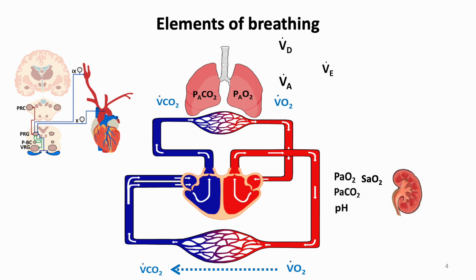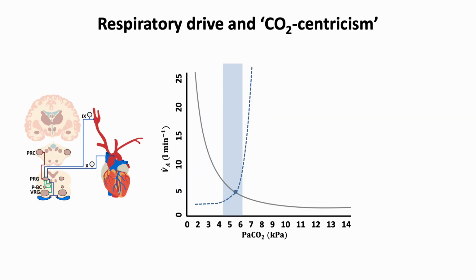Now, what I'm referring to here is what we call CO2 centrism. So, the point of view that carbon dioxide is central to respiratory function as a whole. And I'll be getting back to the graph that I've shown here in later sessions.